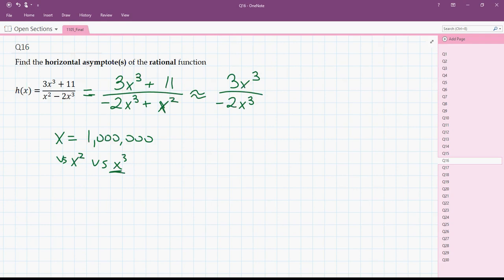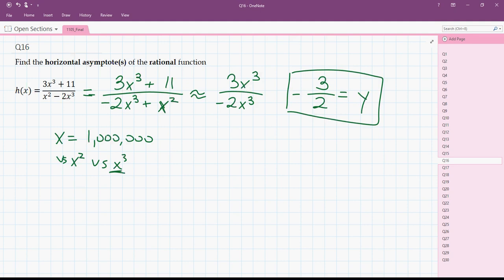So now that we've isolated the highest powers in the numerator and denominator, we do any algebra that we can. In this case, we see that they cancel, and we wind up with an asymptote of negative 3/2. So looking very far away, either to the left or right in the x direction, our function approaches negative 1.5.